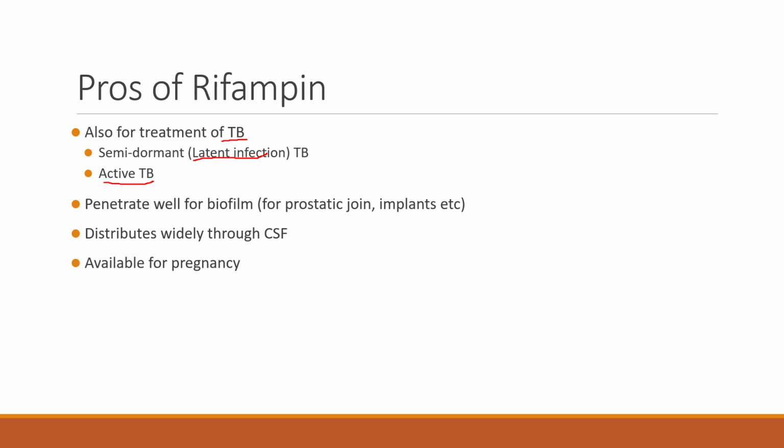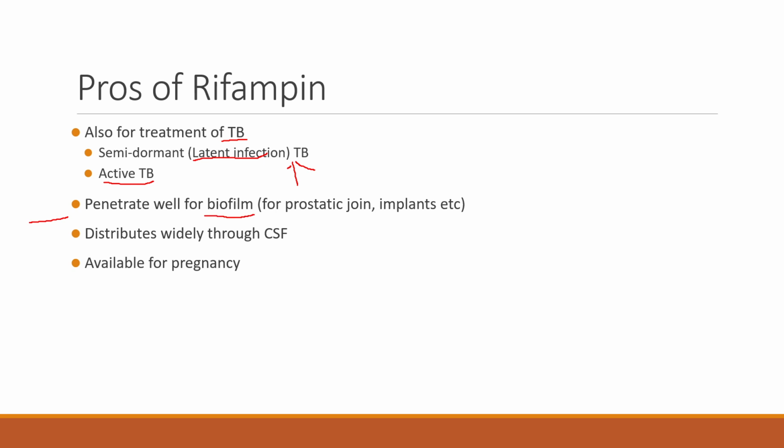So other drugs can only treat TB when it is active, but Rifampin can even treat it when it's not active. So it greatly reduces the time for treatment. Commonly the other drugs take more time, but this one takes a shorter period. And it has good penetration of the biofilm wall.